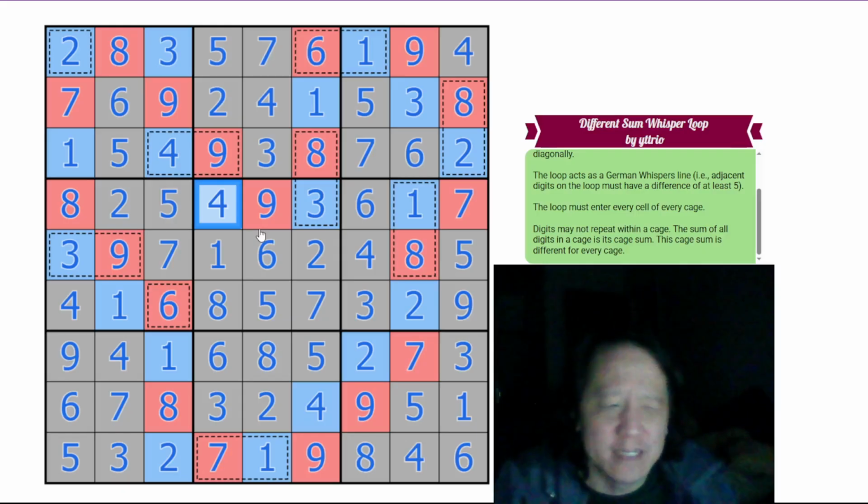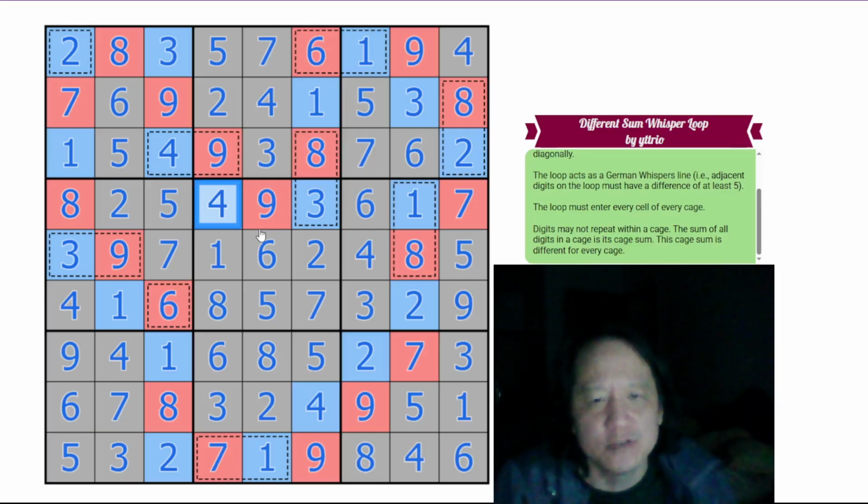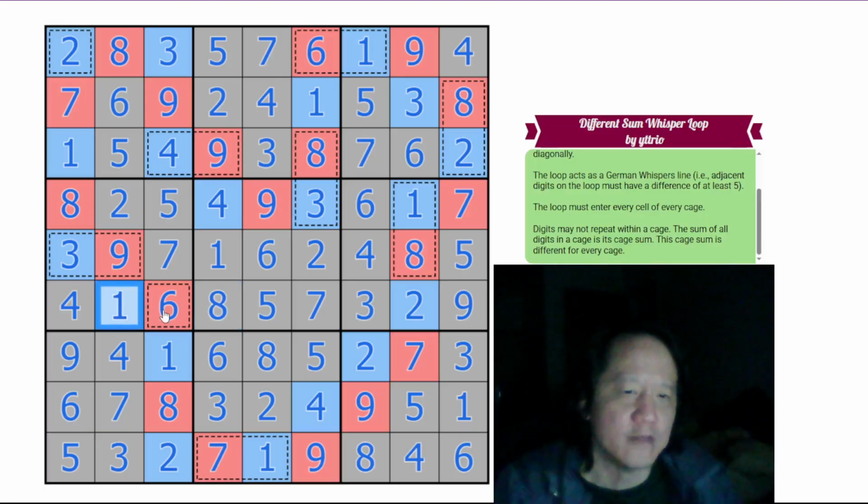It makes sense, so it's not hard to deduce, but unless you've done a lot of loop puzzles, you don't really understand that aspect. And so the break-in would be pretty hard if you did not know that, right? Because then you have to have the differences for on the loop in the cages.